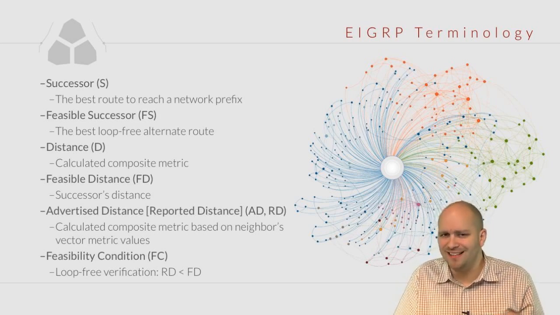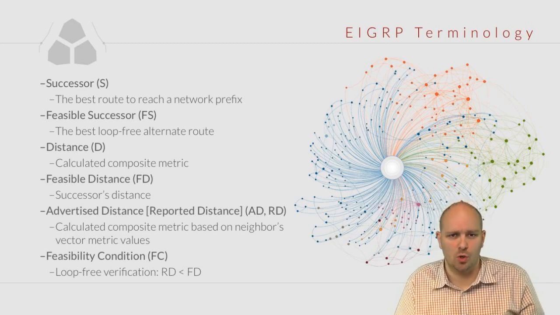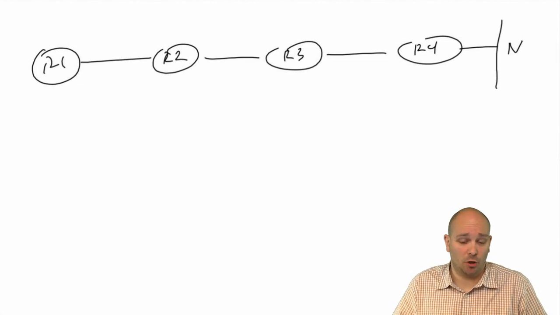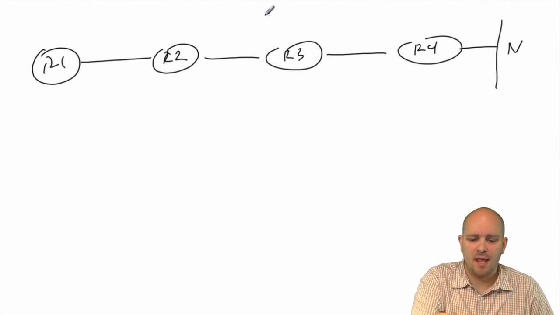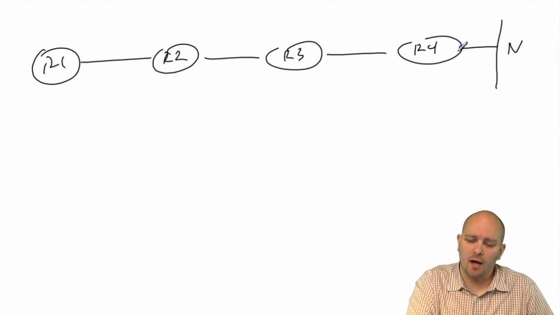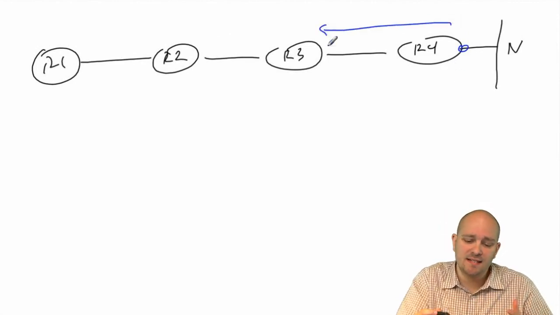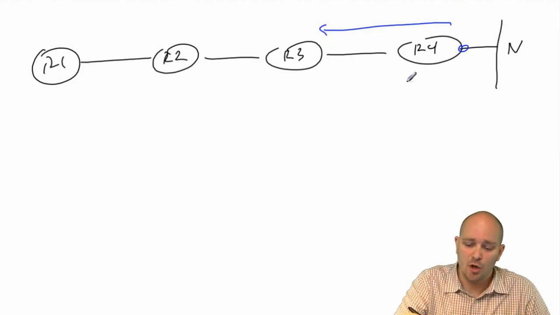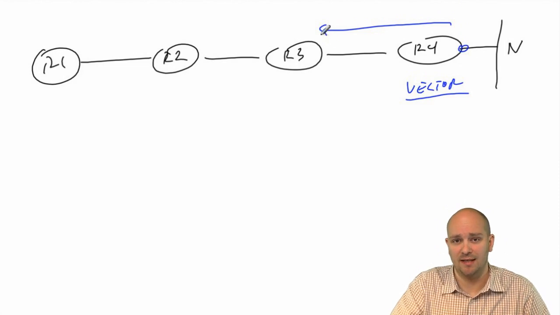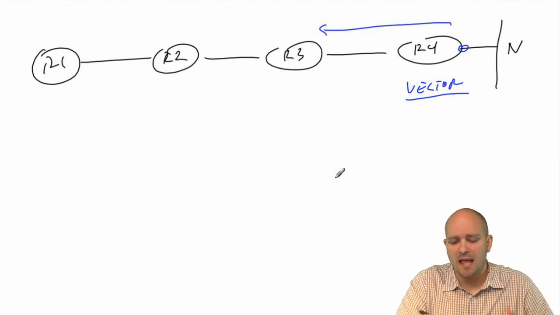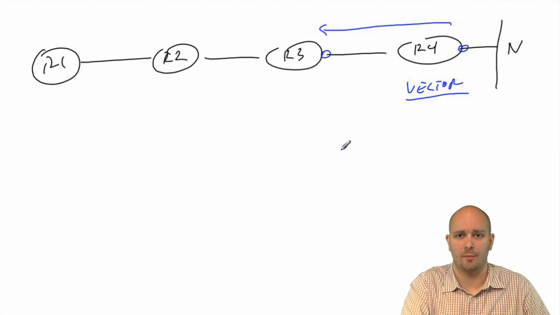So let's take a look at these couple of more confusing ones in some more detail. For that, we are going to use the exact same network that we used in the previous example. Now, let's take a look at when R4 generates its routing update and sends this information to R3. We know that it's going to list a particular vector metric in this update. And we know that R3, when it receives this update, is going to use its own local parameters to calculate its own distance.